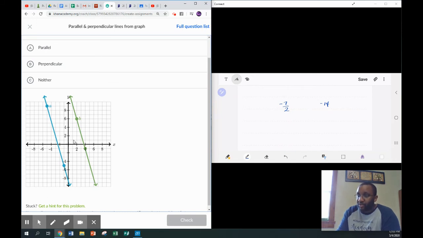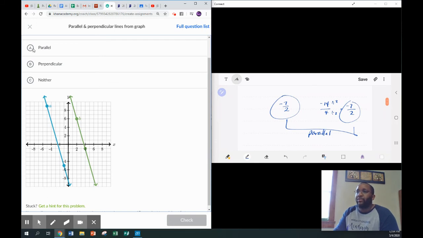So that would be to the right 4. But because I know how to simplify fractions, I can say that's divisible by 2, and so is this. So that's actually -7 over 2. And we'll say, oh, look, those are the same. So they must be parallel. And so I'll throw parallel in there as my answer.